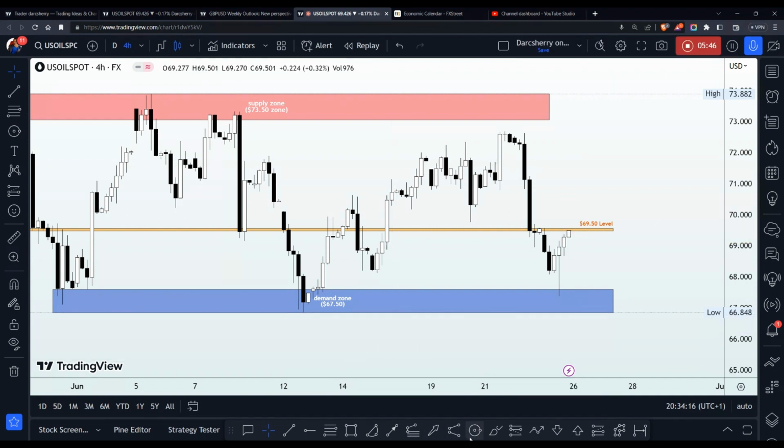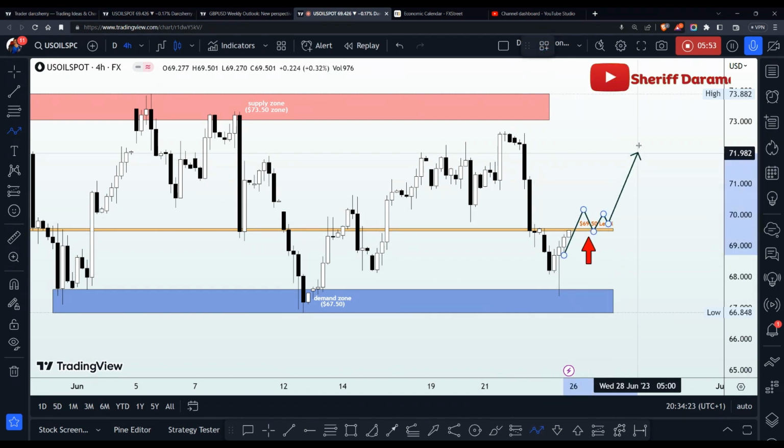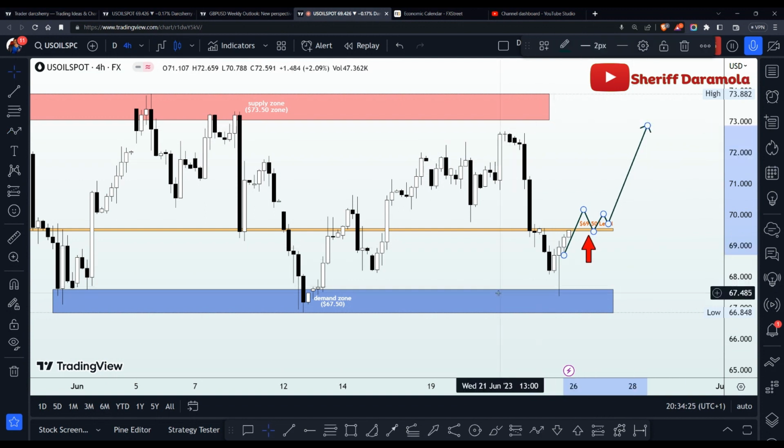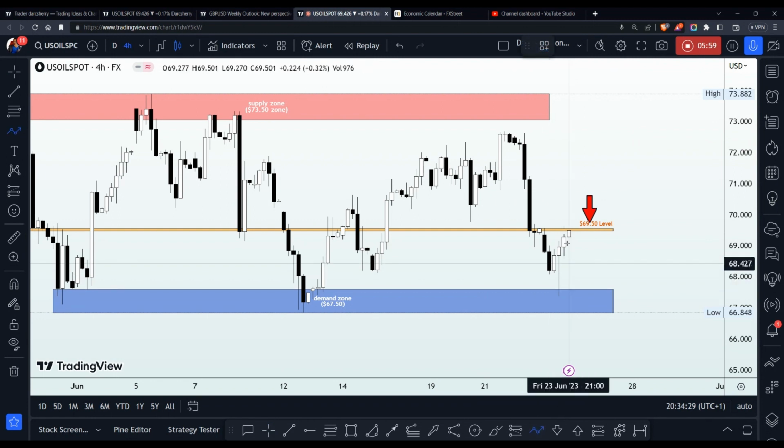So if I do see a breakout of the $69.50 level and a retest of structure, I will be looking out for buying opportunity to the upside. However, if continued selling pressure happens there, then I want to see a significant confirmation that sellers are gradually gaining momentum.